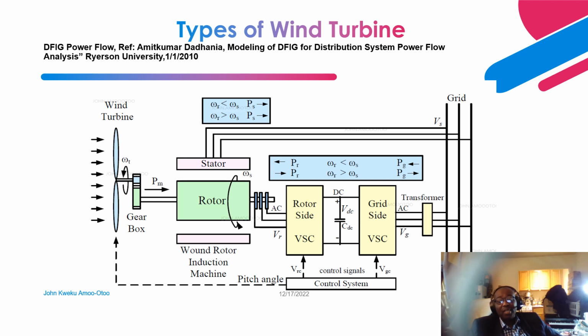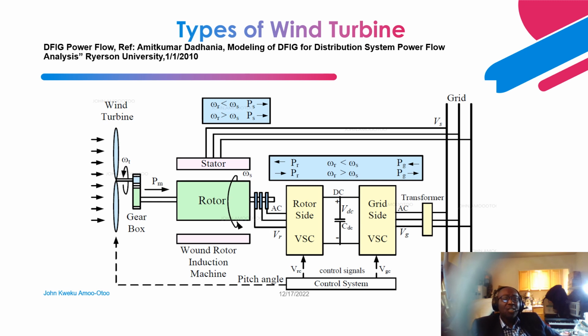And on this side is the grid side converter, and its goal is to regulate the active and reactive power exchange with the grid. And from there, it goes through a step-up transformer, right? Okay, and that steps the voltage up from 690 volts to the 36 kV AC collection point or 66 kV AC collection point.